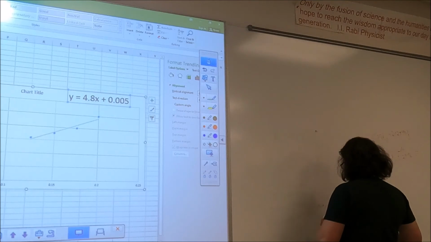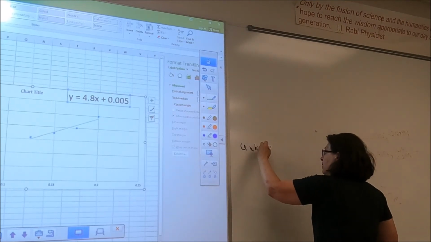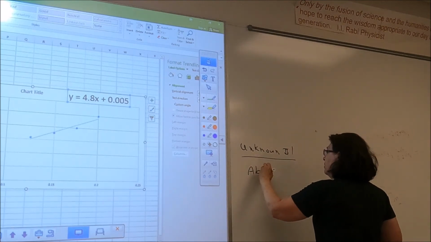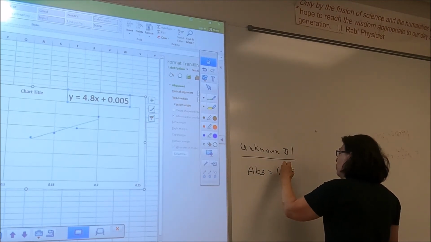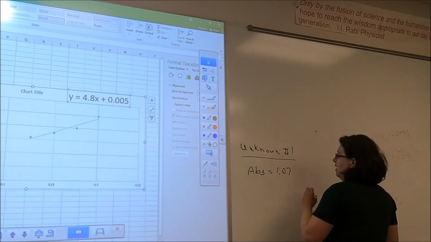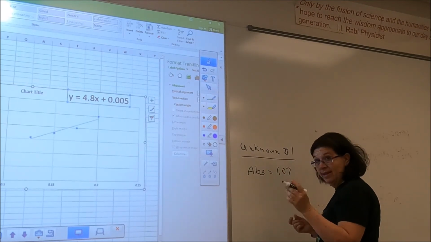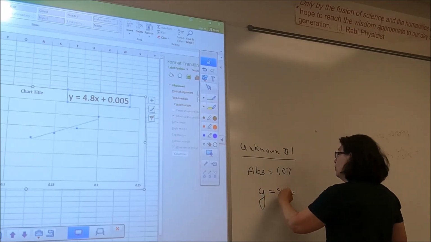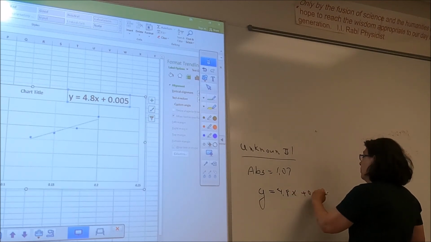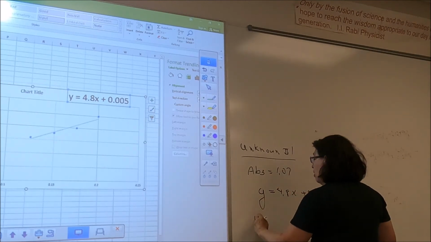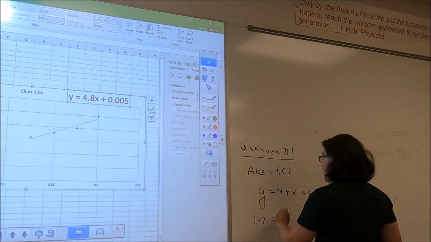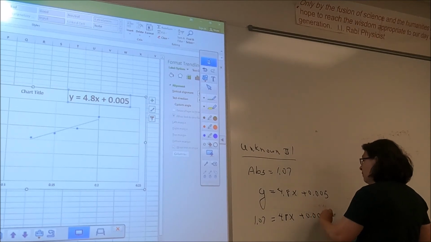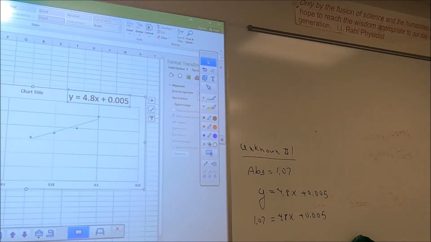So let's say unknown number 1 had an absorbance equal to 1.07. Okay, remember this is an example. This is not your real data. So I would have my equation y equals 4.8x plus 0.005, and I go 1.07 is equal to 4.8x plus 0.005, and I'm going to solve for x.